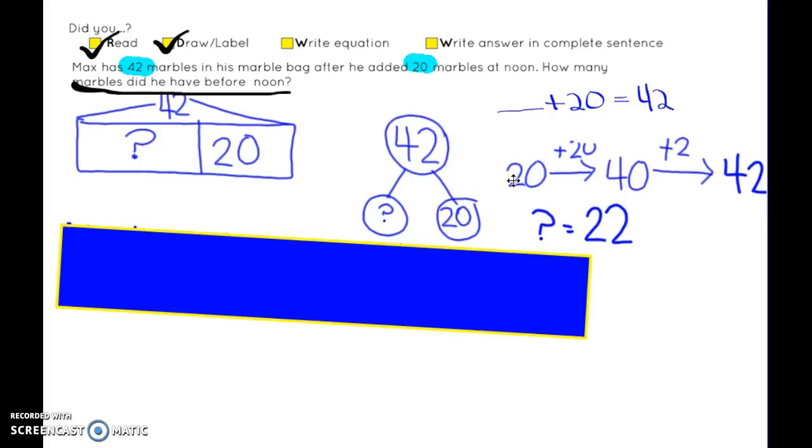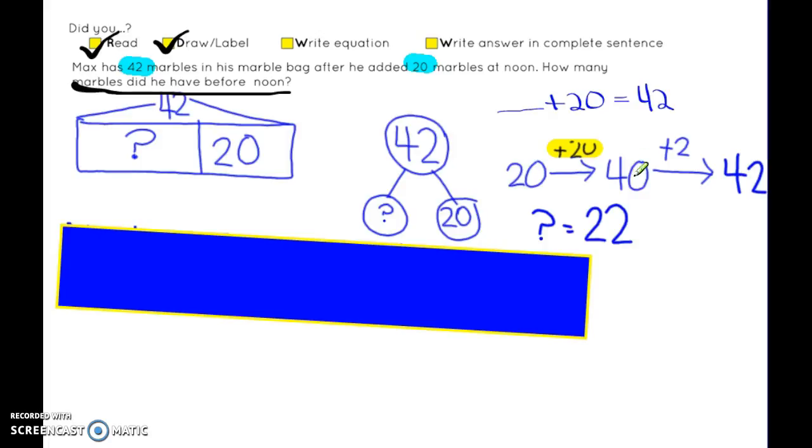For your arrow notation, you should have started with the number 20. I have to add up to 42. So I'm first going to add 20 to my beginning number. So that would be 20 plus 20 gives me 40. Now I still need to get to 42.